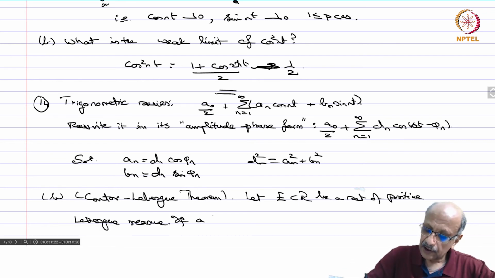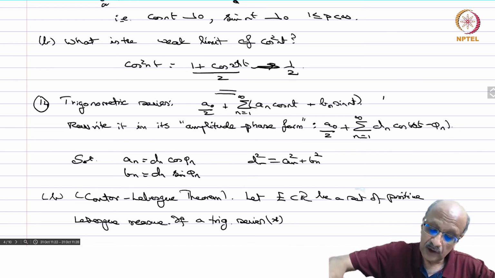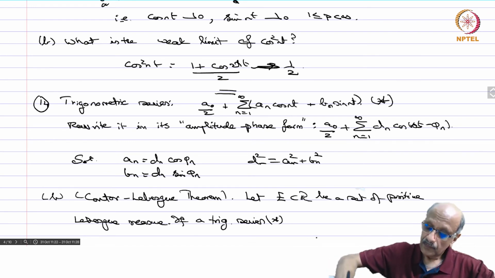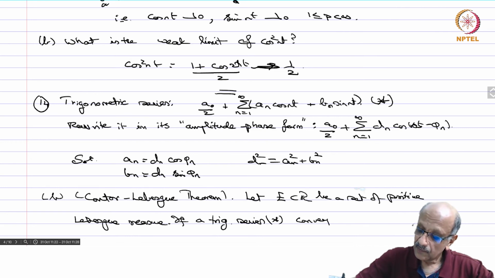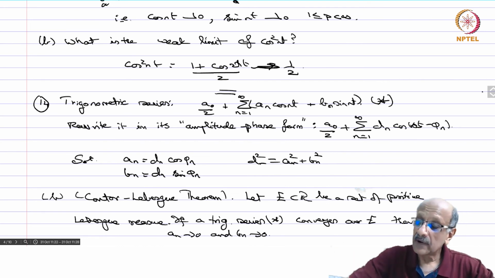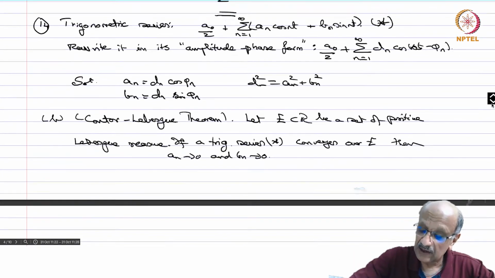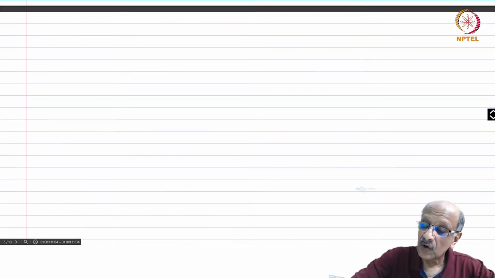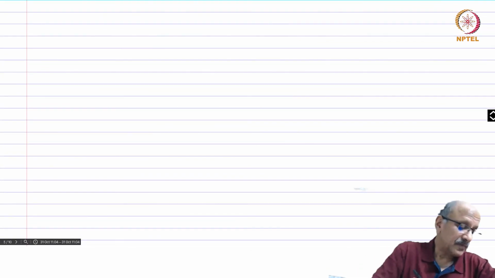If a trigonometric series star, so star is this one, converges over E, that means at every point in E it converges, then an goes to 0 and bn goes to 0. So the coefficients of the trigonometric series have to go to 0. That's a necessary condition for the convergence on a set of positive measure.